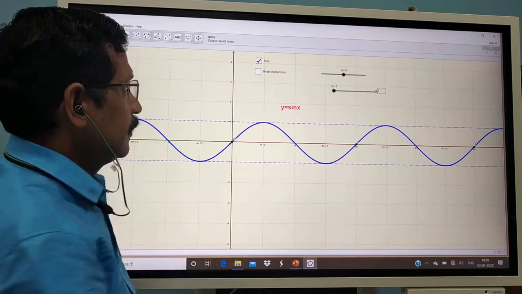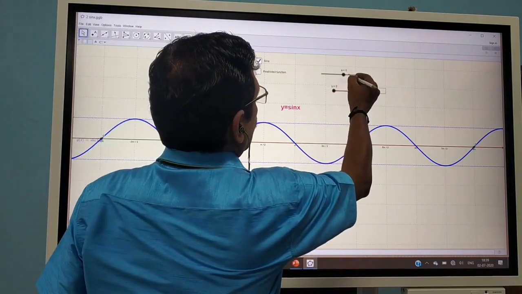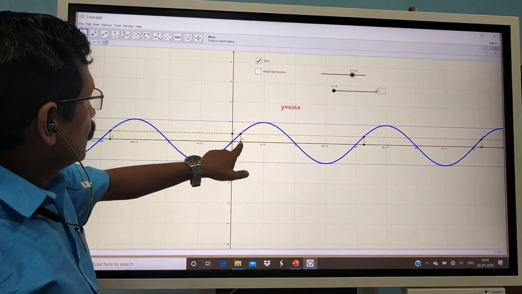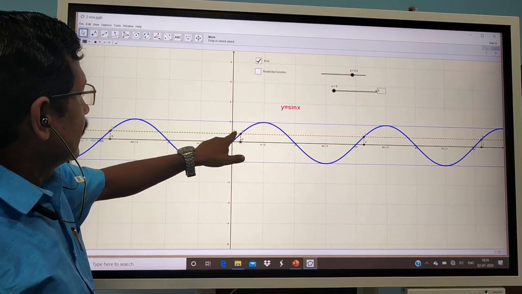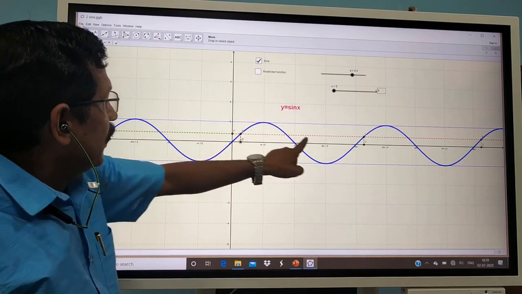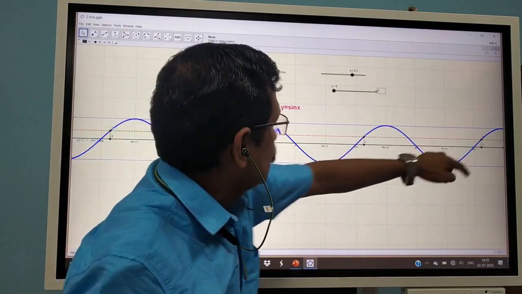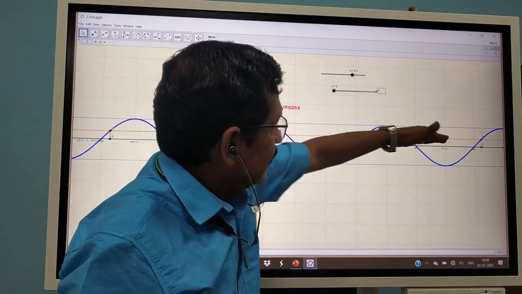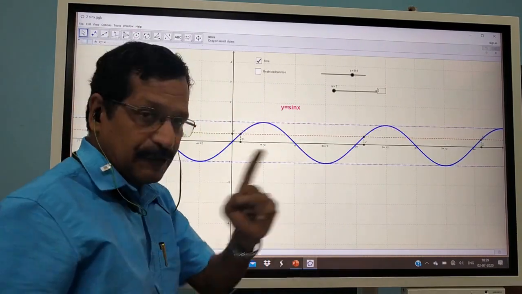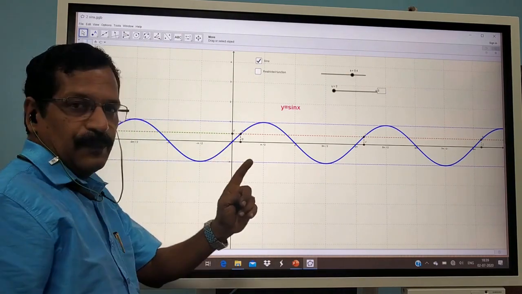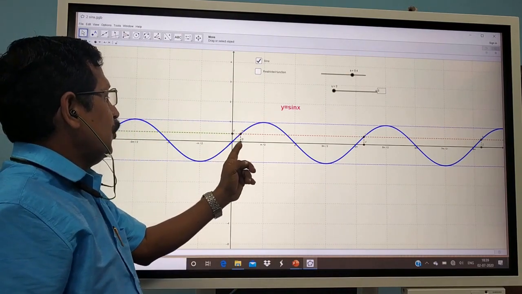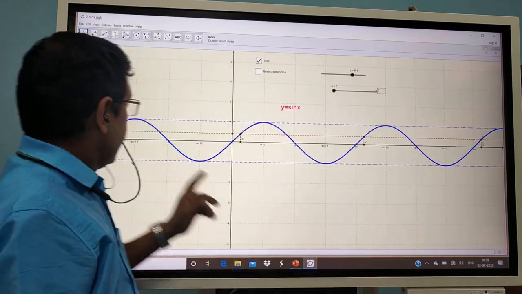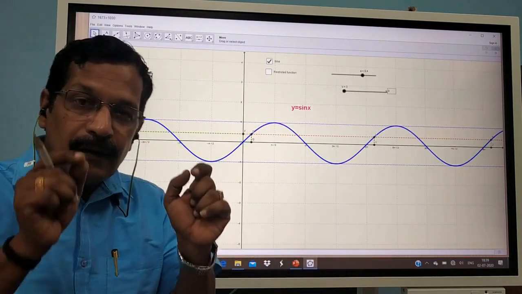Whether it is one-one, let us check. For this particular value, the line cuts the graph of sine x at different points x1, x2, x3 and x4.